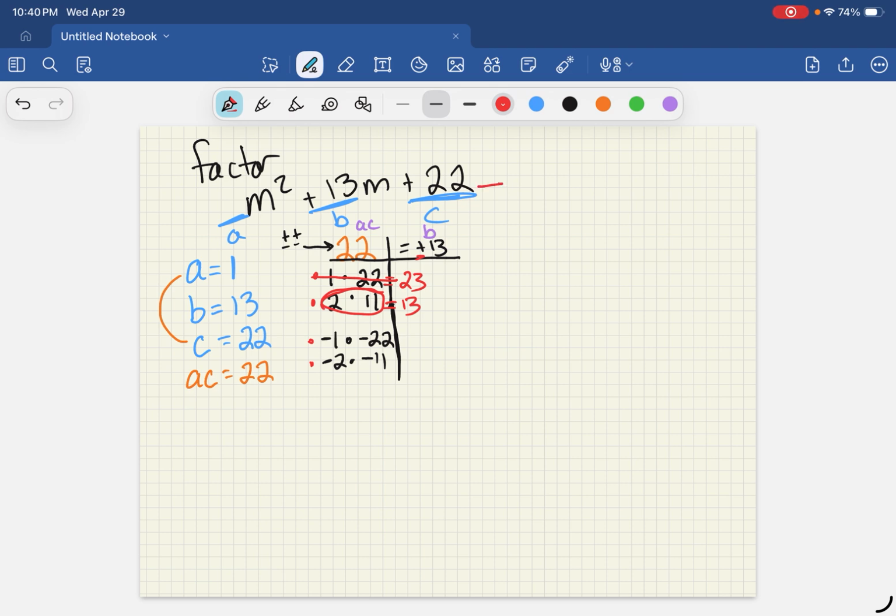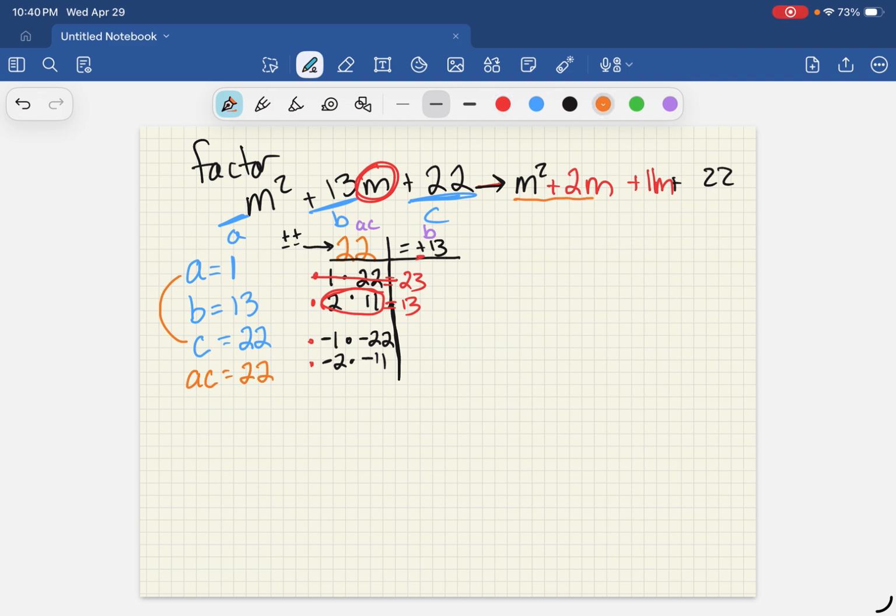And I am going to rewrite this equation as m squared plus 2m plus 11m plus 22. My B had a variable term of m, so those numbers I just found, the 2 and 11, have m's on them.